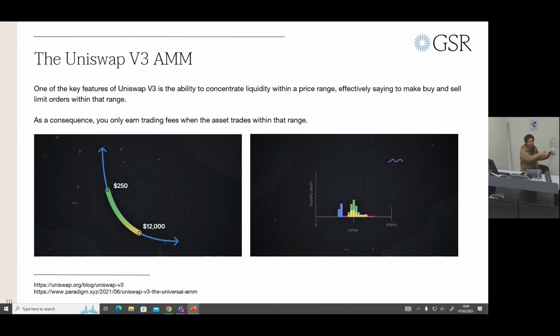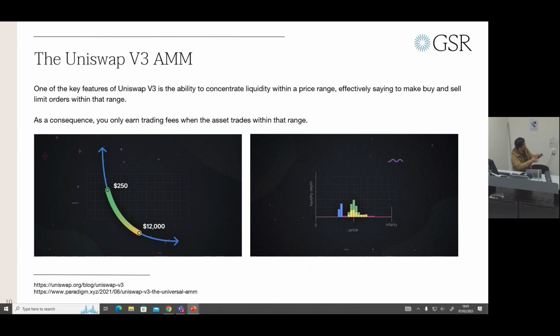Outside of that range, it's too volatile, or it's not worth our buck spending our resources. Then what we can do is concentrate our liquidity, or focus on just providing limit orders within a specific range. And this automated market maker allows us to do that.